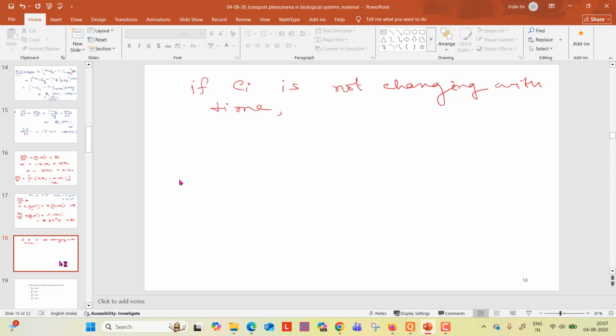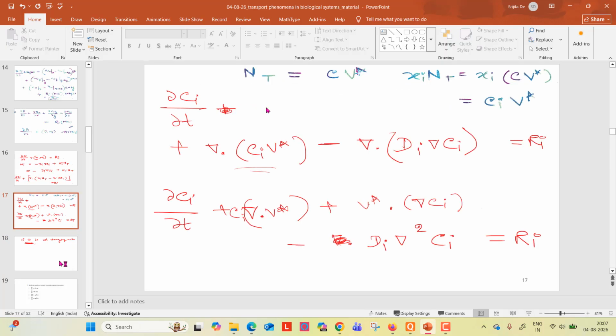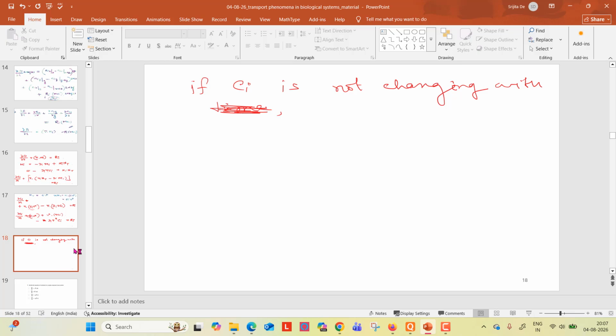It is not steady state, obviously. Sorry, it is not steady state. So Ci is not changing with space or any spatial direction. So we are considering it as incompressible. Incompressible means basically that when rho I, that is density or mass concentration, is not changing, like we have taken in the earlier case, like here.